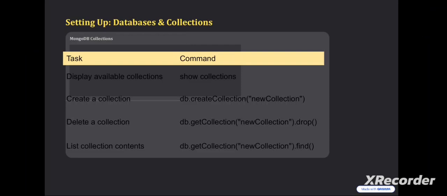And to show all the available collections in the database, we have to use show space collections. And then if you want to delete a particular collection, then we can use db dot getCollection of that collection name, then dot drop, or we can simply give db dot collection name dot drop. In both ways we can delete a collection.